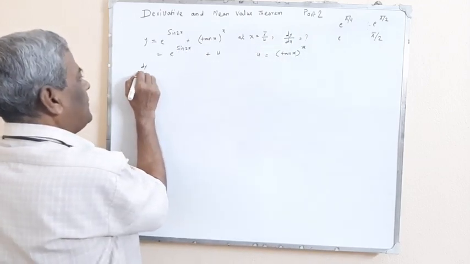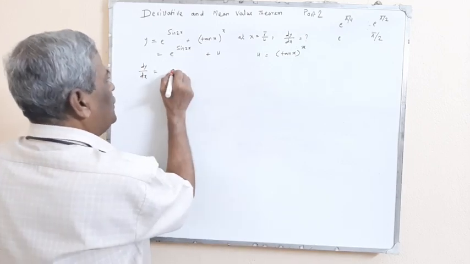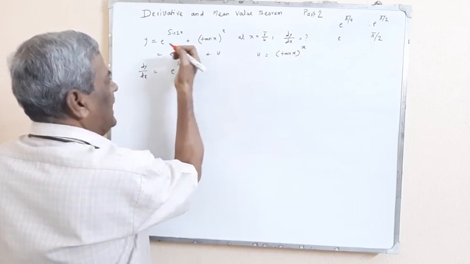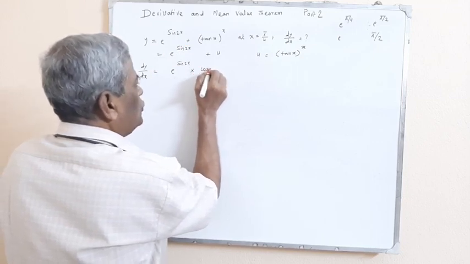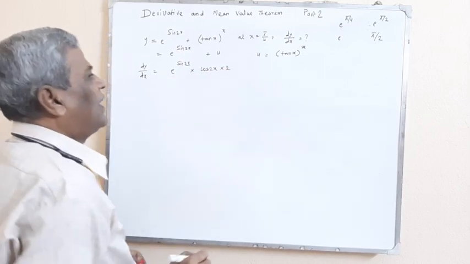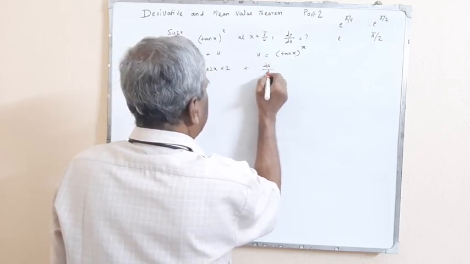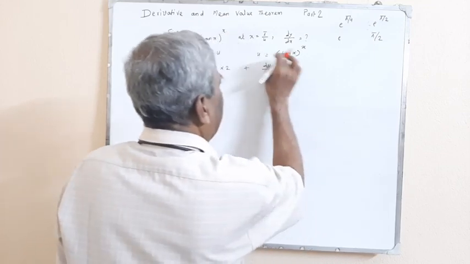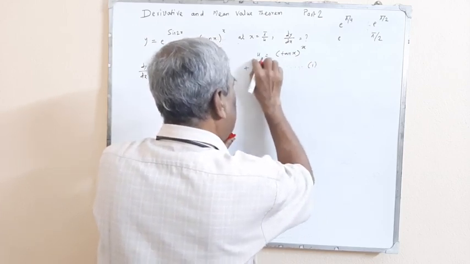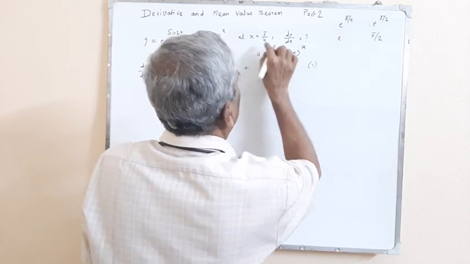Therefore, dy/dx, the derivative of e to the power something, is e to the power sine 2x into the derivative of that, which is cos 2x into 2, plus u, its derivative is du/dx. Now we have to find du/dx. Then put x is equal to pi by 4 and get the result.